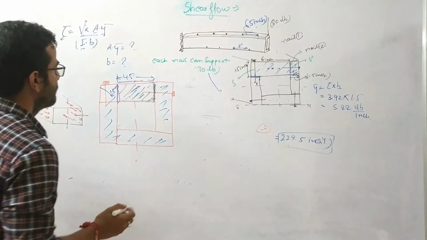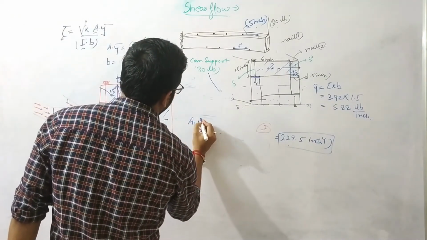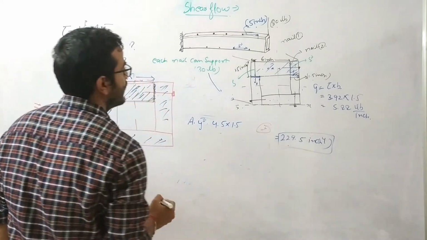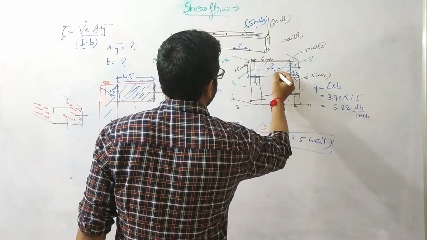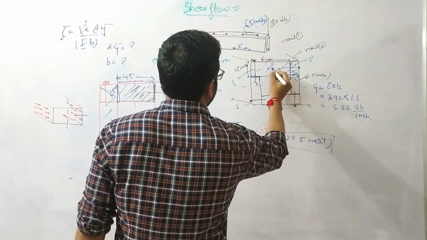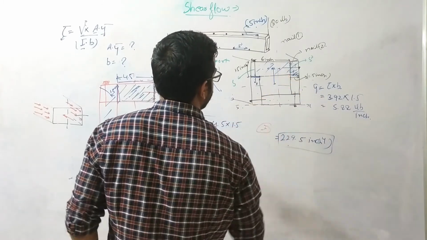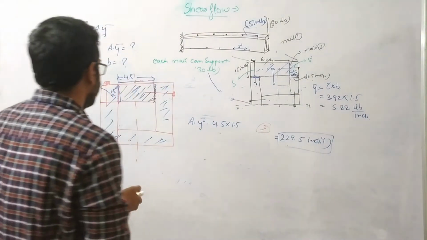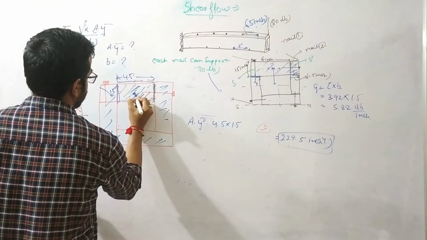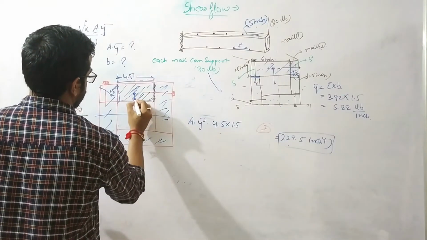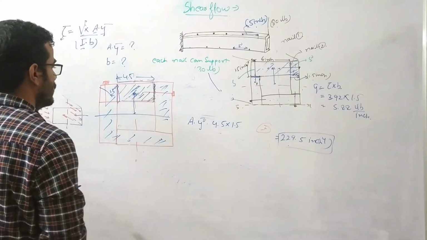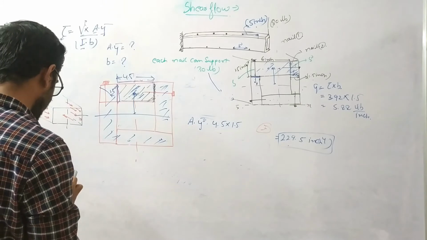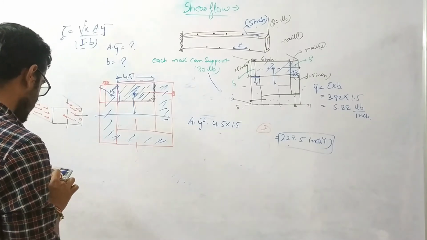A is nothing but 4.5 into 1.5, and the centroid will be from this location: 3.75 minus 1.5 divided by 2.